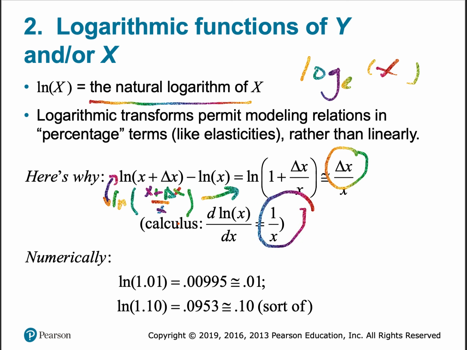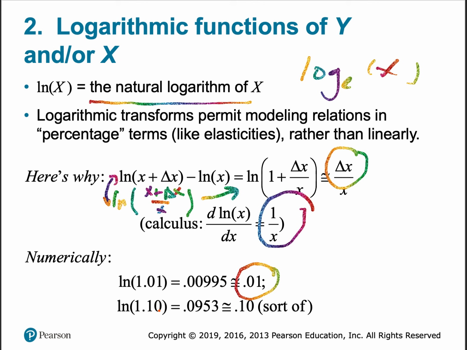Numerically, we can show that given a 1 percent change in x, the natural log of x is going to be 1.01, which is about 0.01, so that reflects about a 1 percent change.